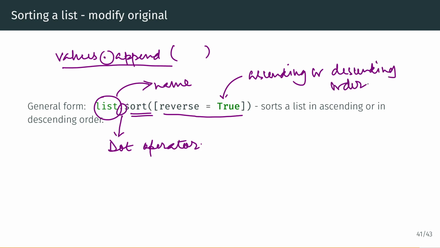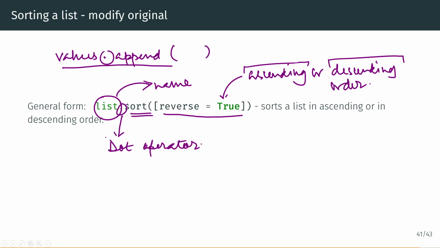If reverse is set to True, it would be descending order. If reverse is False, it does ascending order, and that's the default. Ascending order is the default.